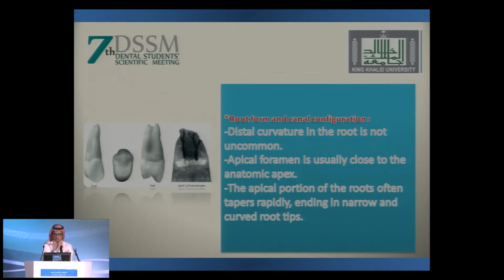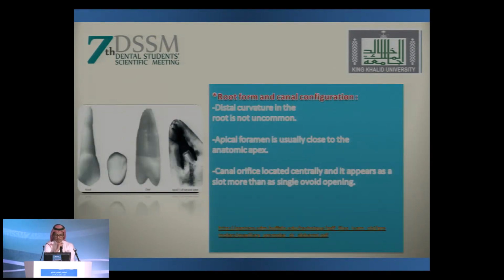The apical portion of the roots often tapers rapidly in the normal way, ending in a narrow and curved root taper. The canal orifice is located centrally, and it appears as a slot more than a single ovoid opening.